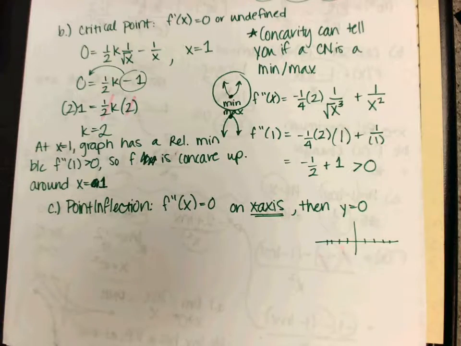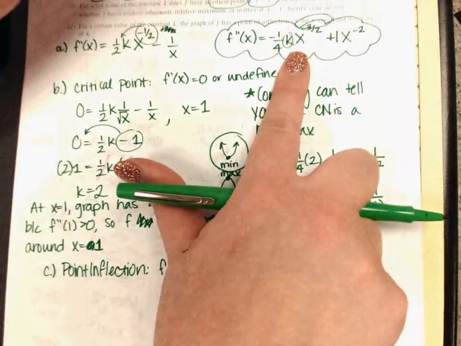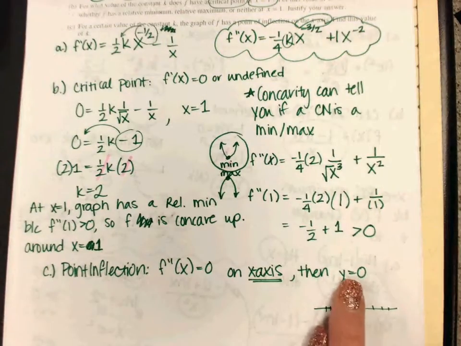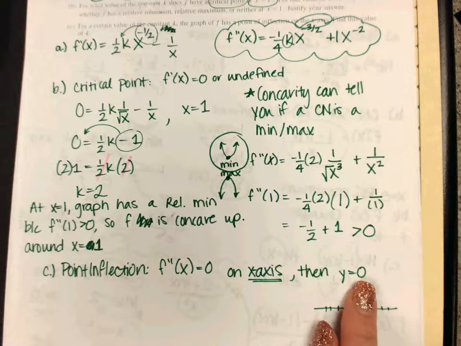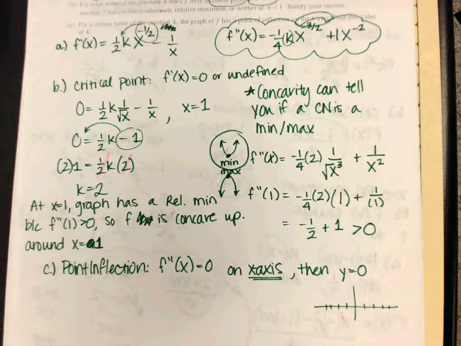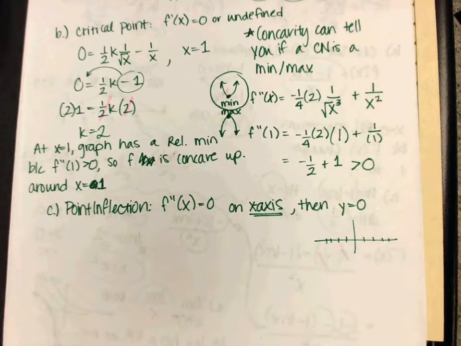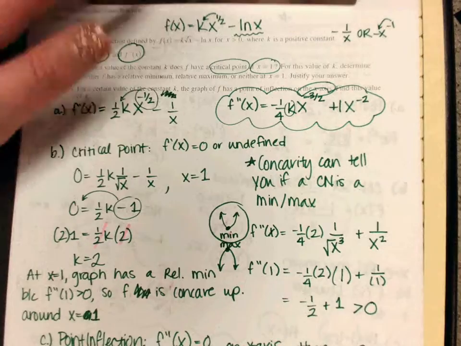So I want you to come back to think about, here's my second derivative that I had found earlier. I know though that y is 0. So I'm going to have to know more stuff about my graph than that. So I'm going to come back to the very beginning here and look at this guy right here.